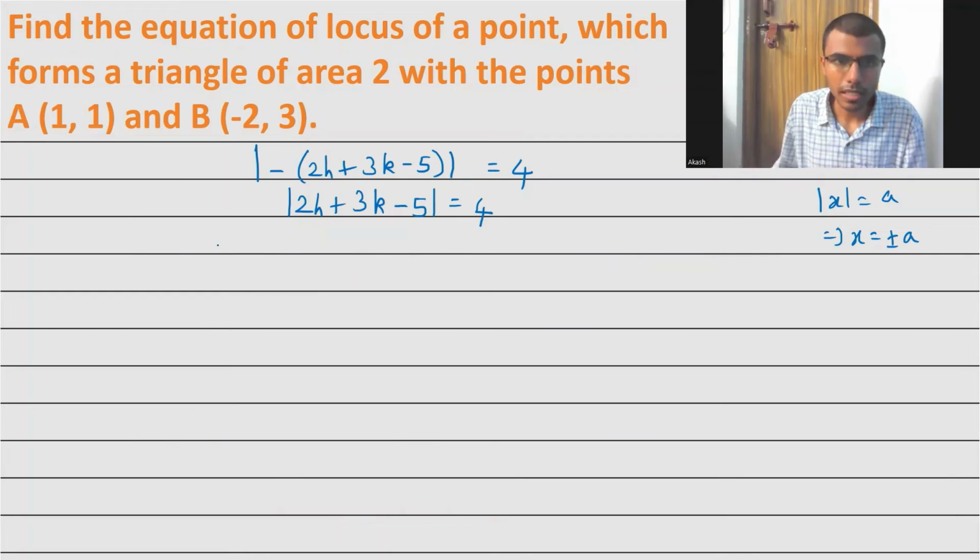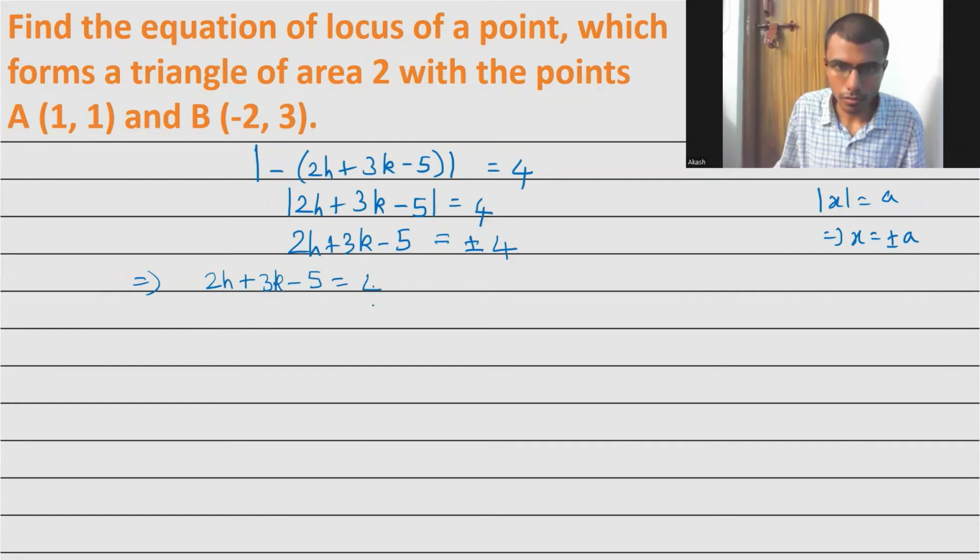So basically, 2h plus 3k minus 5 is equal to plus or minus 4. So this implies that 2h plus 3k minus 5 is equal to 4, or 2h plus 3k minus 5 is equal to minus 4.